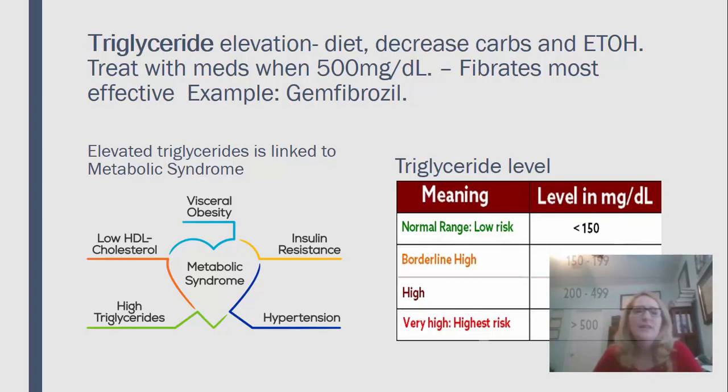Elevated triglycerides are linked to metabolic syndrome. You'll see it in diabetics. You'll often see low HDLs and elevated triglycerides. So be aware of that. Also with high triglycerides, you're at risk for pancreatitis, so be aware.